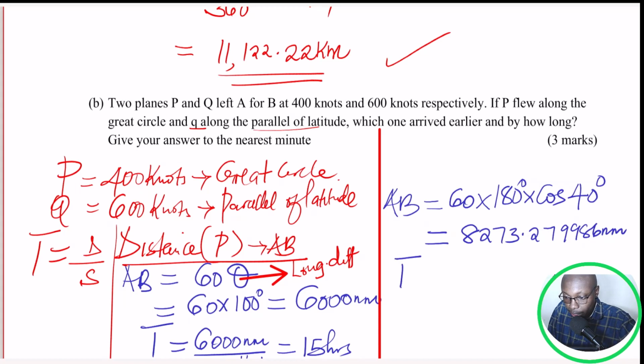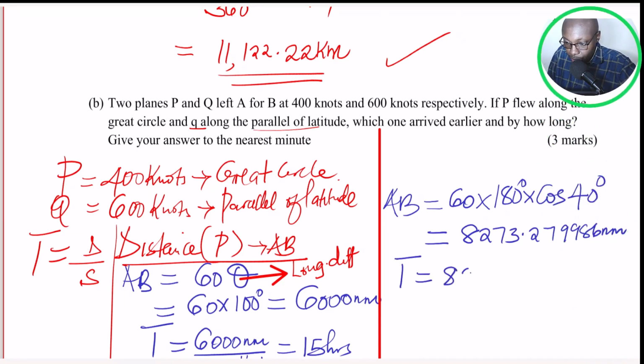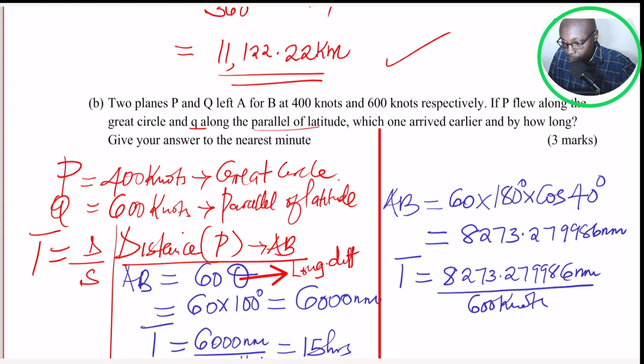Now we need to get the time taken by this plane. Time will be given by distance, which is 8273.279986 nautical miles, divided by the speed of Q, which is 600 knots.